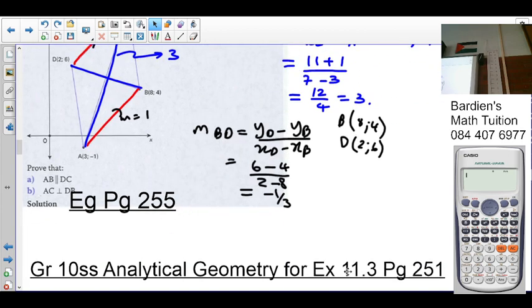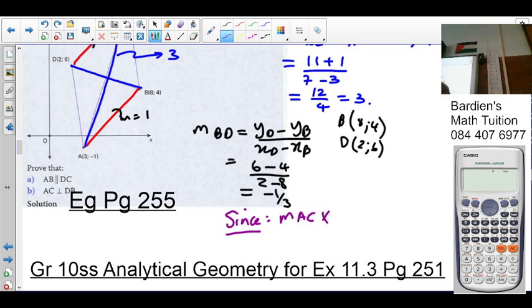Since the gradient of AC times the gradient of BD. People, this is lowercase m.